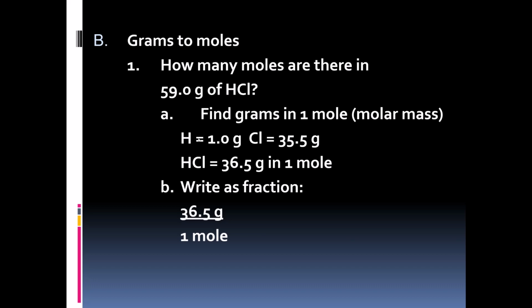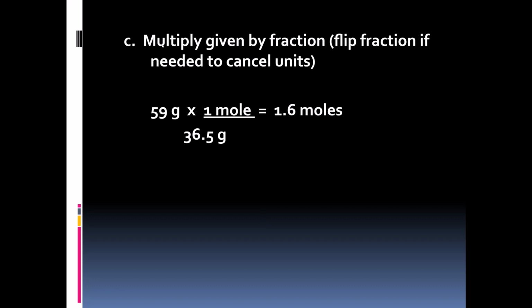We know that hydrogen is 1 gram per mole and chlorine is 35.5, so overall the molar mass is 36.5. Same as before, write it as a fraction, 36.5 grams per mole, and multiply the given by the fraction.